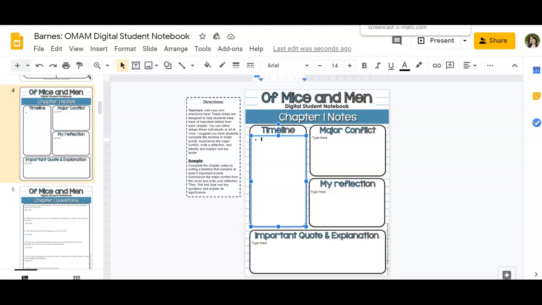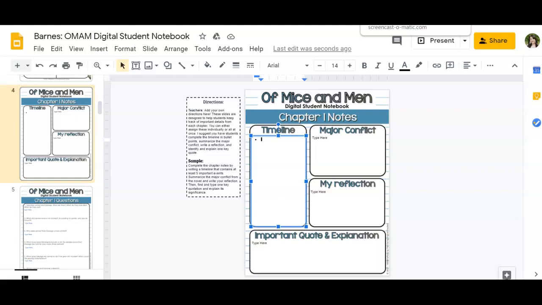just to keep track of the things we are reading. Major conflict, which is here, it does not have to be major like it says. In some chapters, the conflicts will be quite major, and in others, like Chapter 1, the conflicts will seem much smaller.